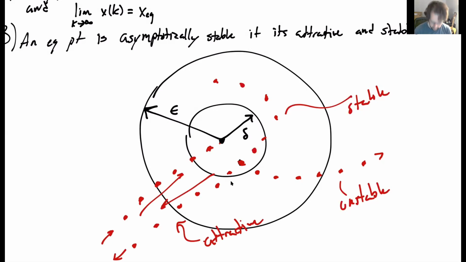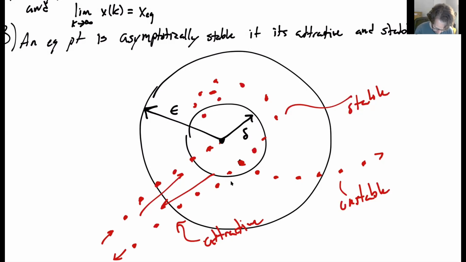Okay, what are we missing? We're missing an asymptotically stable solution, right? All right, so again, let's pick a point in delta. An asymptotically stable solution can grow boundedly a little bit inside that epsilon ball, but due to stability, it has to stay inside that epsilon ball, right? Because global asymptotic stability requires stability and attractivity, right?